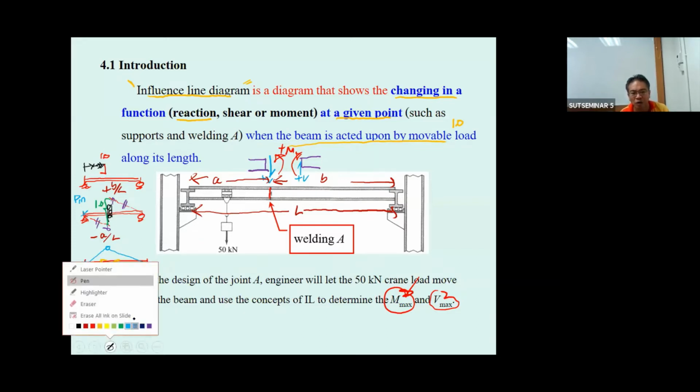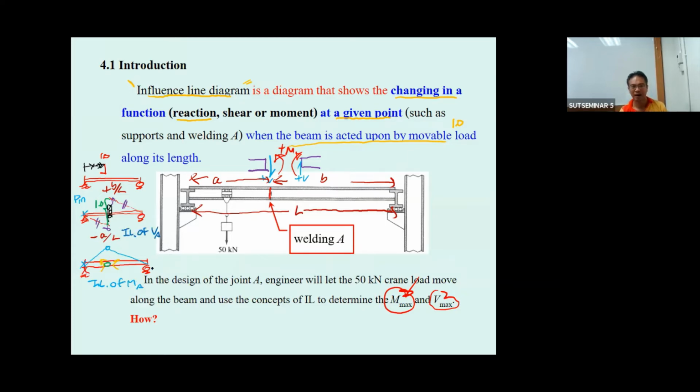On the top, you get the influence line of V sub A. Used to determine the Vmax. This one is used to determine the Mmax. And if you recall it, the coordinate here is going to be AB over L. The requirement is the angle here going to be 1.0.